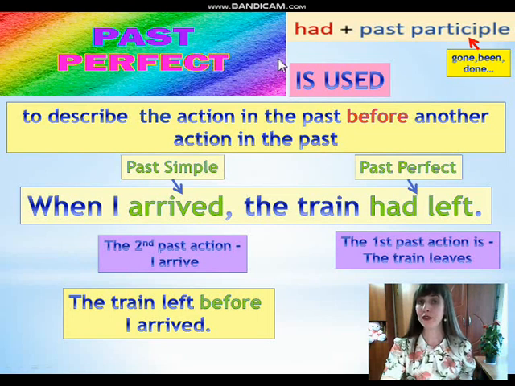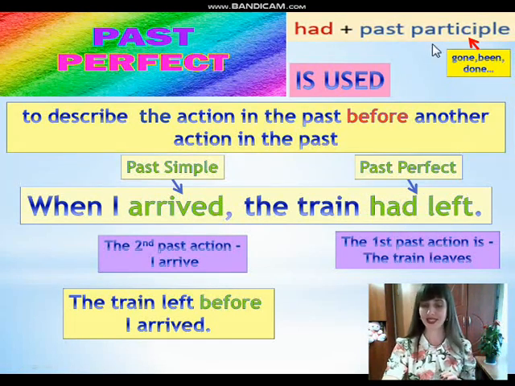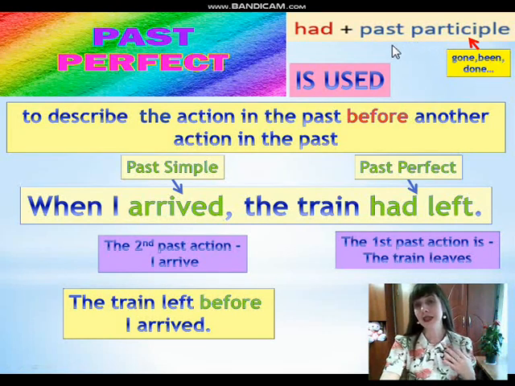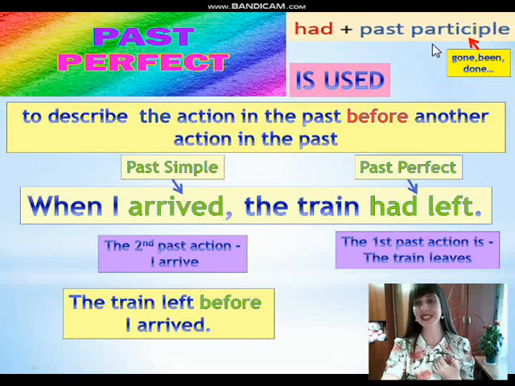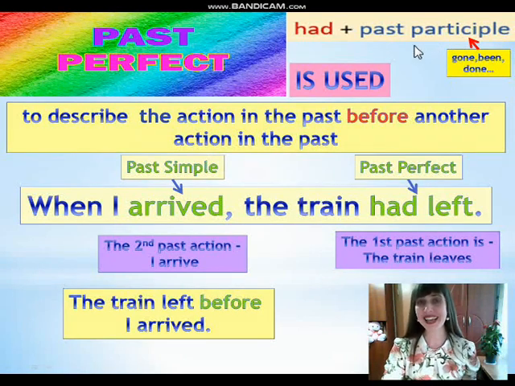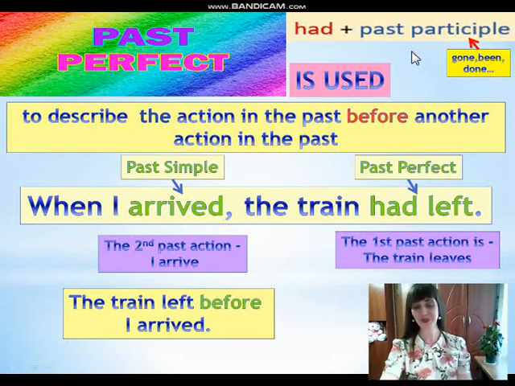So the past perfect is built by means of had. We need had, and you see this in our example, right? Had plus past participle. But it might be a strange term for you, the past participle, but please don't be so scared of this word, okay?